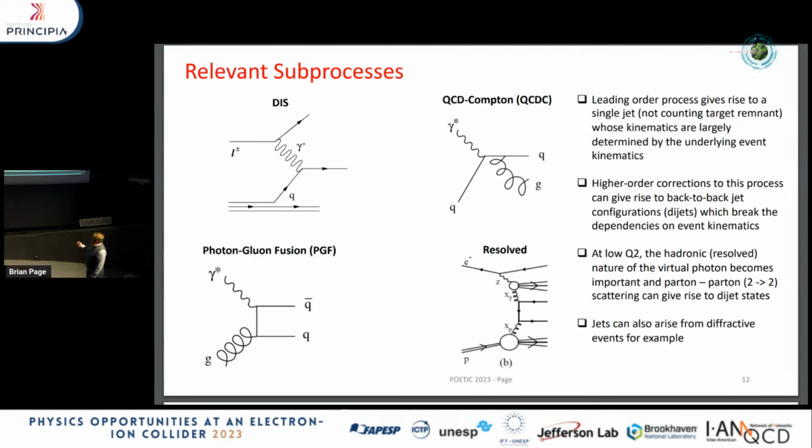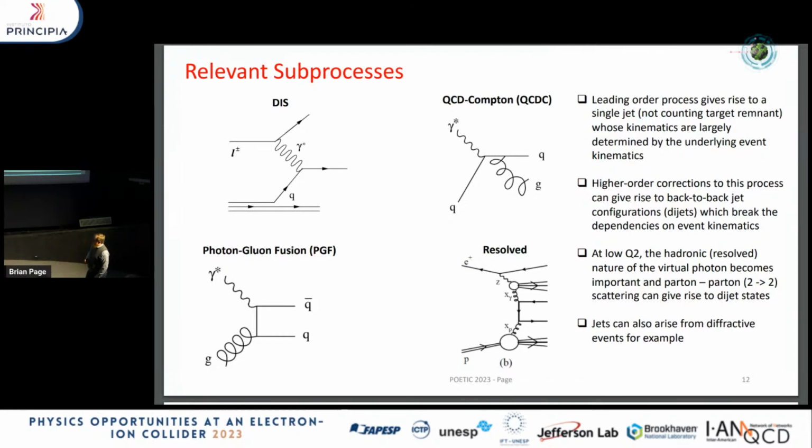Of course, you can also have the higher order corrections, QCD Compton, and especially photon-gluon fusion. So these events give rise to two-jet events, where these jets are largely back-to-back in azimuth with respect to the virtual photon direction.